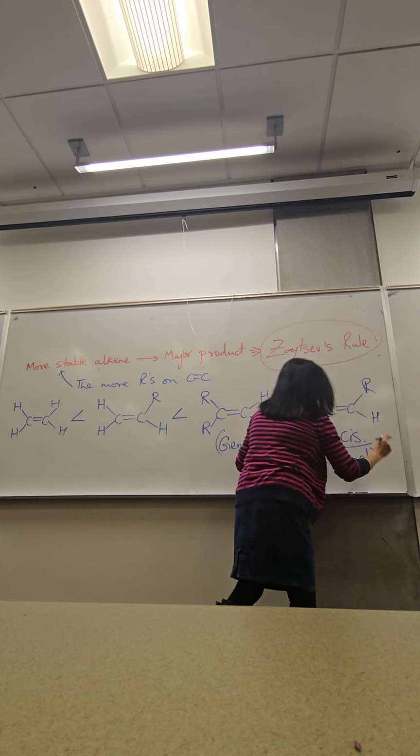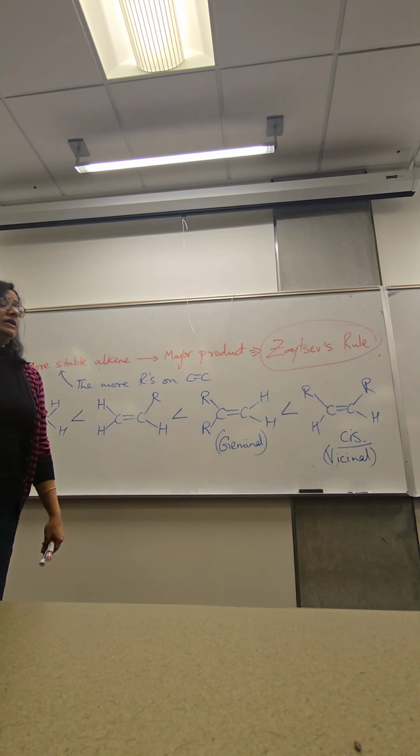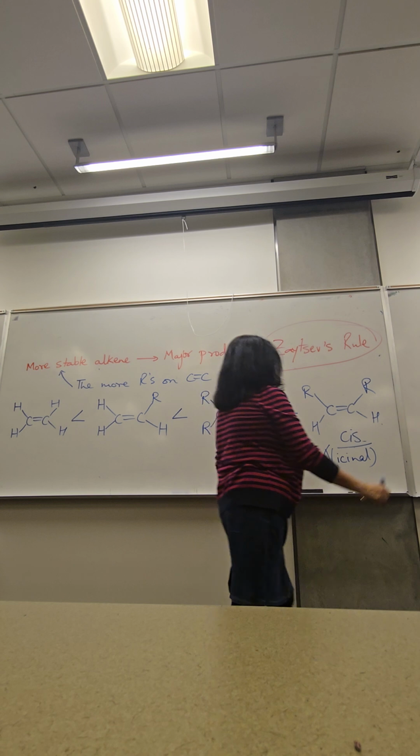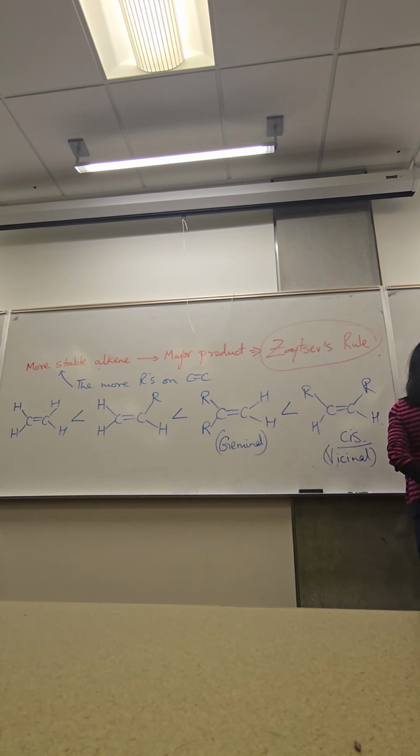Cis is less stable than trans. And then, of course, trans-vicinal is more stable than cis. So those are the 3 di-substituted alkenes. Then comes the tri-substituted alkene.